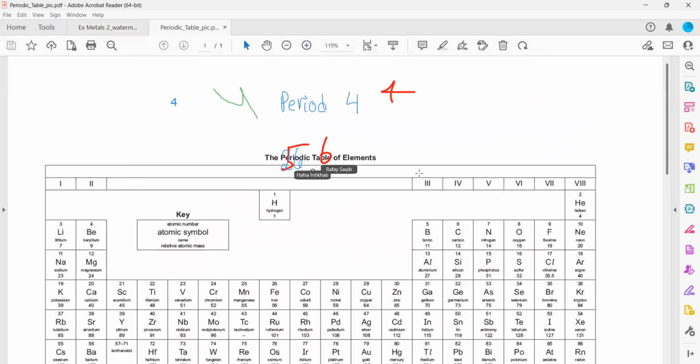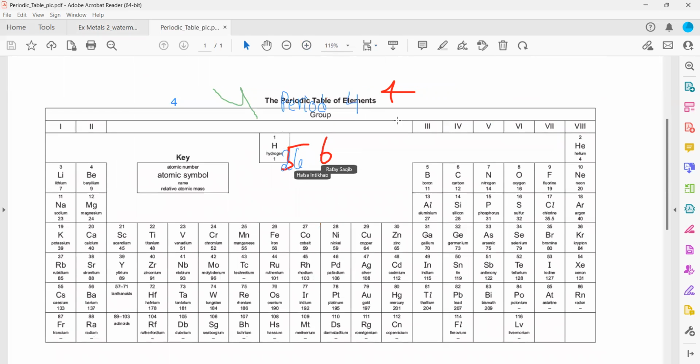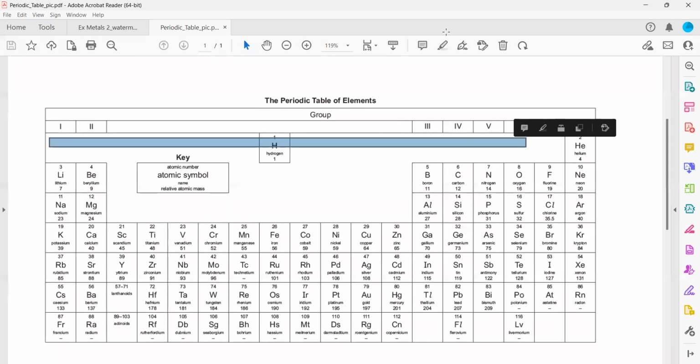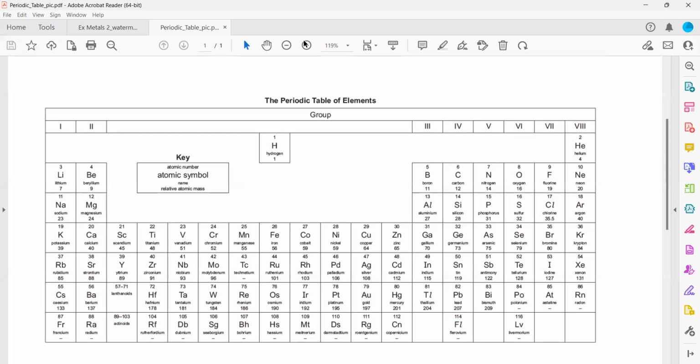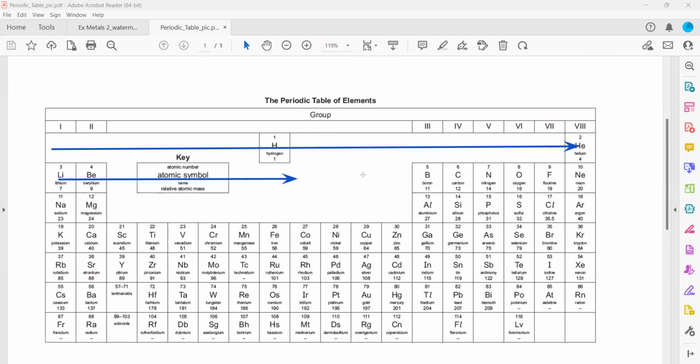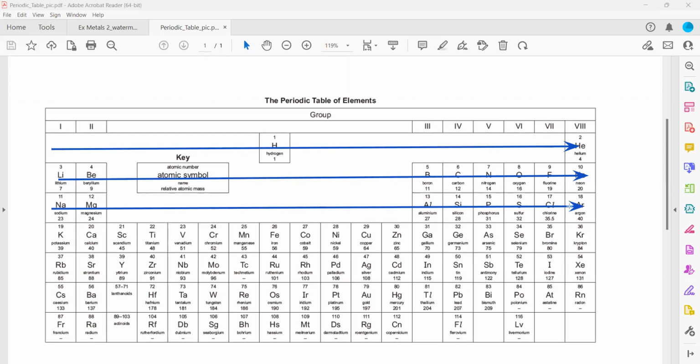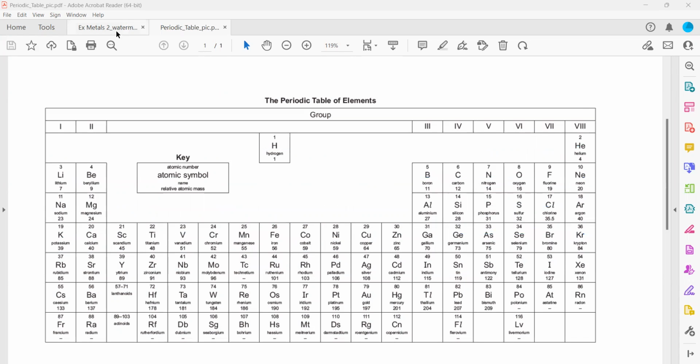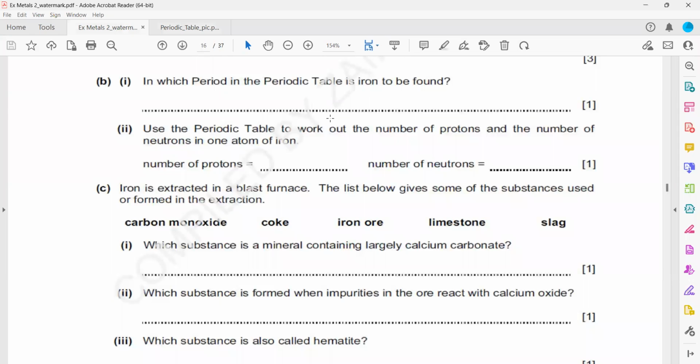So when you check the periods, the first period has 2 elements. Then the second period, third period, and the fourth period. So where do we find iron? Iron is found in the fourth period.